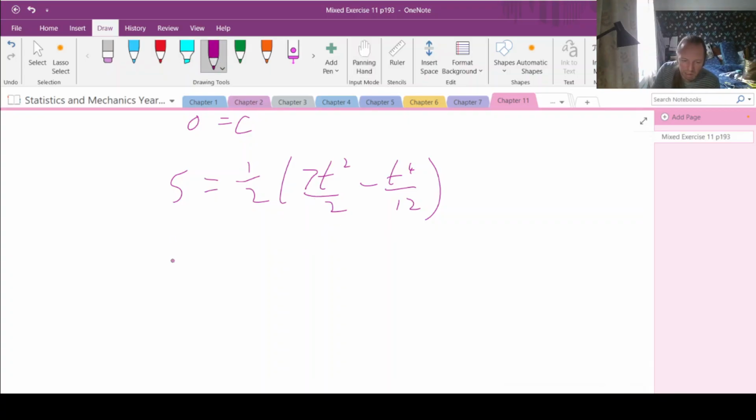Okay, let's bring this up to make it into, if I was to have all of that as halves. Right, let's factor out a t squared, so a half t squared times 7 over 2 minus t squared over 12.